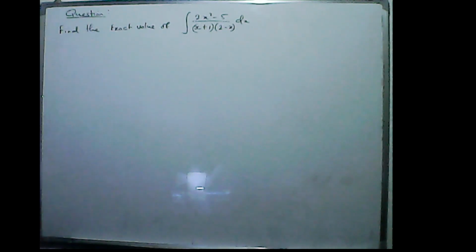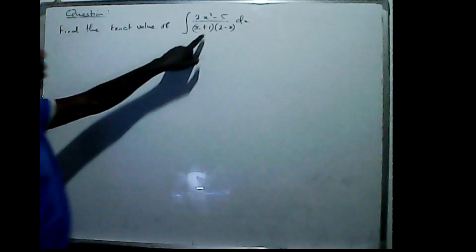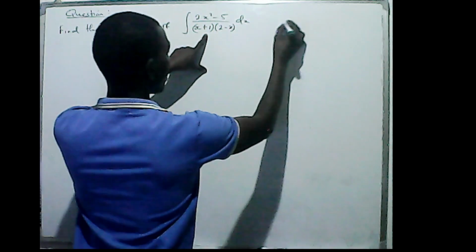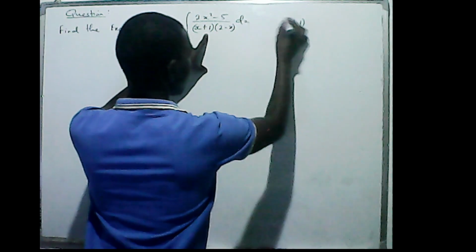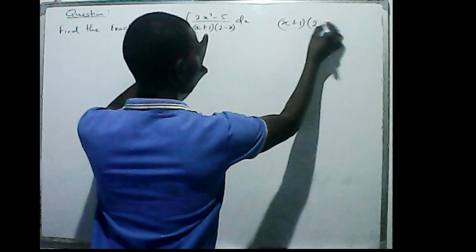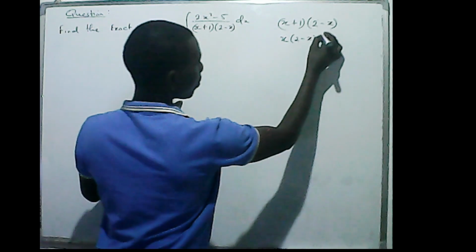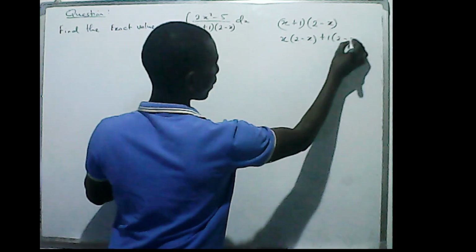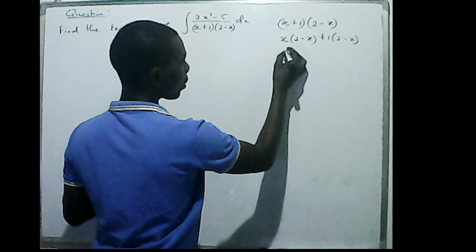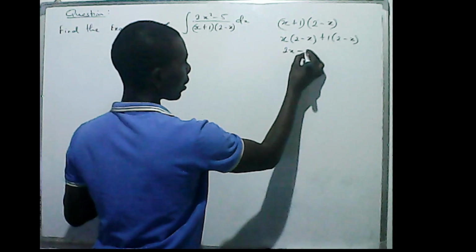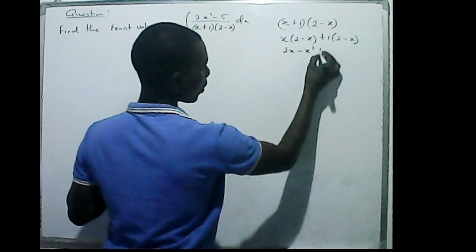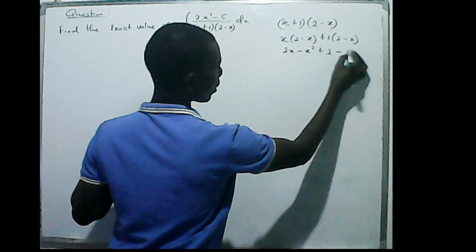We can see that if we expand this denominator, x plus 1 times 2 minus x, that will give us x times 2 minus x plus 1 times 2 minus x. Then we have 2x minus x squared plus 2 minus x.